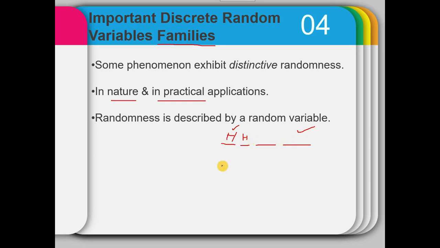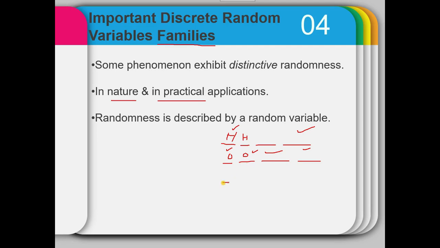Similarly, you transmitted 4 bits, and each bit can be 1 or 0. What is the probability that these 4 bits contain 2 zeros? The 2 zeros can be over here, or over here, or over here. So there are different positions where 2 zeros can be present.